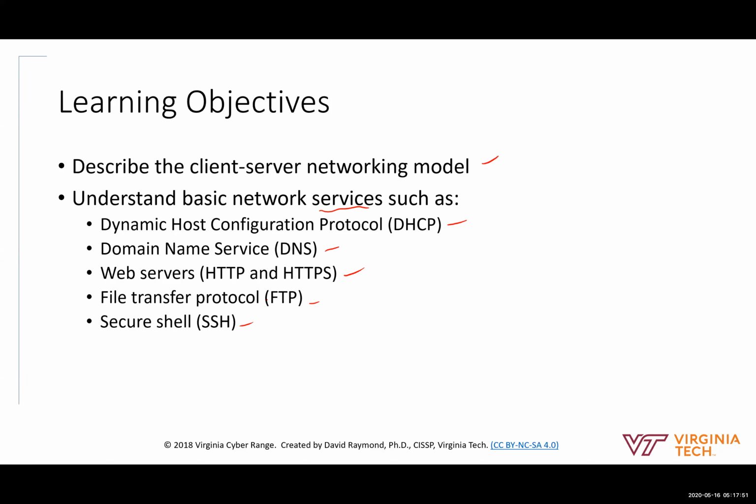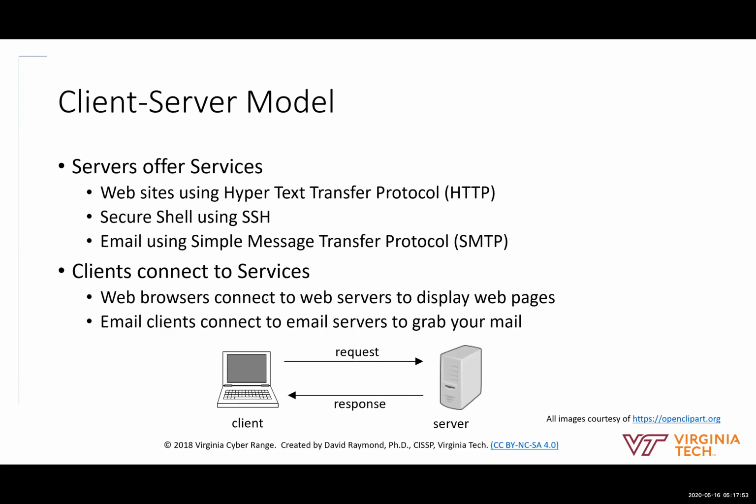of network services. So network services operate on what we call a client-server networking model. Servers offer services, and a great example of a server is a web server, right? So websites using HTTP, that's the standard protocol of the World Wide Web, those HTTP servers are providing a service.